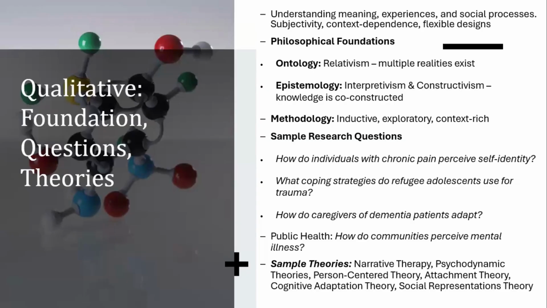And so there are different kinds of dominant theories that are sometimes used: narrative therapy, psychodynamic therapy, attachment theory, cognitive adaptation, social representation theory, among other theories and models. I was trained with social representation theory. My mentor, Professor Akins, has expertise there.